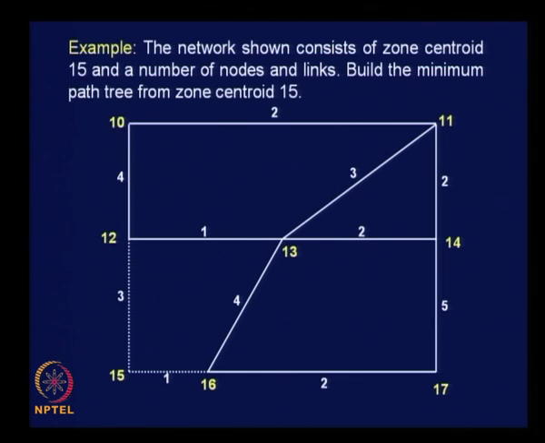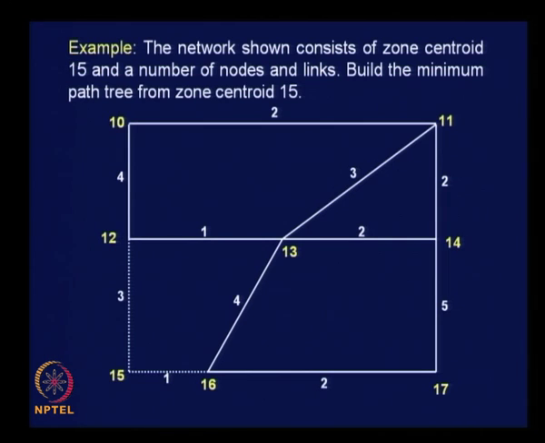It is just to understand the principle of building the minimum path tree. To distinguish the zone centroid from other nodes, you can see 15 is connected by dotted lines and all other links are continuous lines. Let us see how to proceed further to build the minimum path tree.